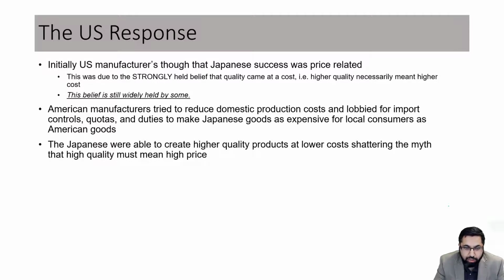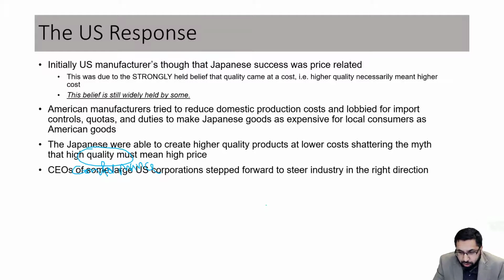Shattering the myth that high quality must mean high price. Here, obviously, we mean high conformance quality and not high performance quality. Okay, but still, initially people did not separate the two. People did not separate performance and conformance quality, and the discussion was often about quality in general, right? But basically, what was happening was the Japanese had higher conformance quality, which reduced their costs.